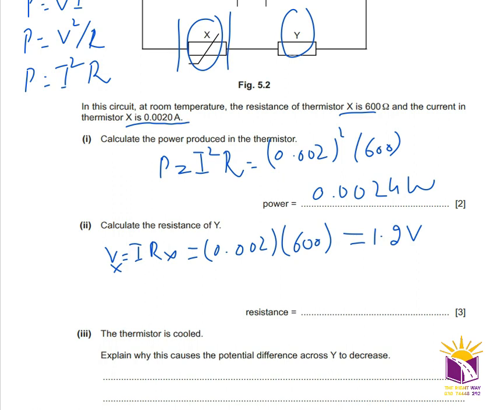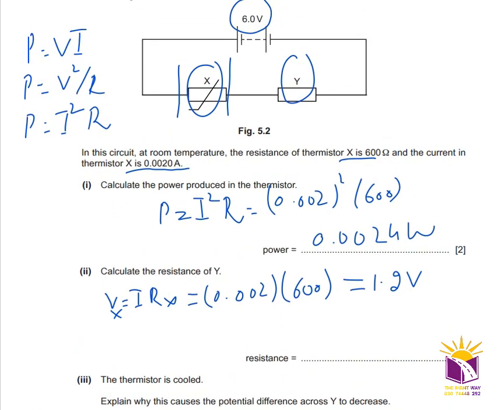If the voltage across the thermistor is 1.2 volts and the total voltage is 6 volts, then Vy will be equal to 6 minus Vx, and 6 minus 1.2 is equal to 4.8 volts.